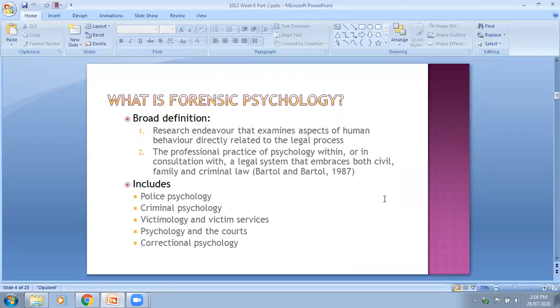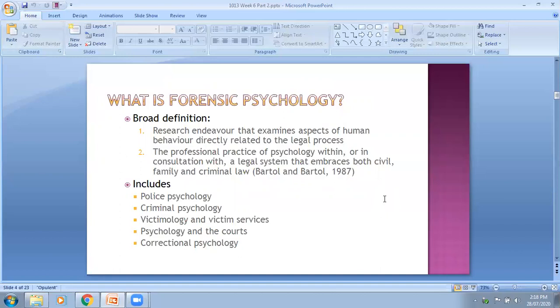Also, dealing with police who've been through really traumatic experiences and helping them. Criminal psychology, working with criminals, making decisions about their behaviour in court. Victimology and victim services, obviously working with victims. Psychology and the courts, so providing information to the courts as a specialist.